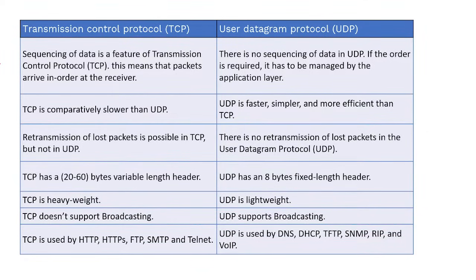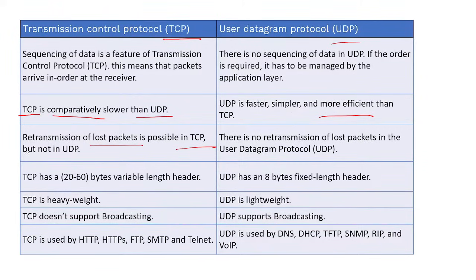Transmission protocol is TCP, and user datagram protocol is UDP. Here are more differences. TCP is comparatively slower than UDP, and UDP is more efficient. TCP retransmits lost packets, but UDP does not, so it can lose packets.